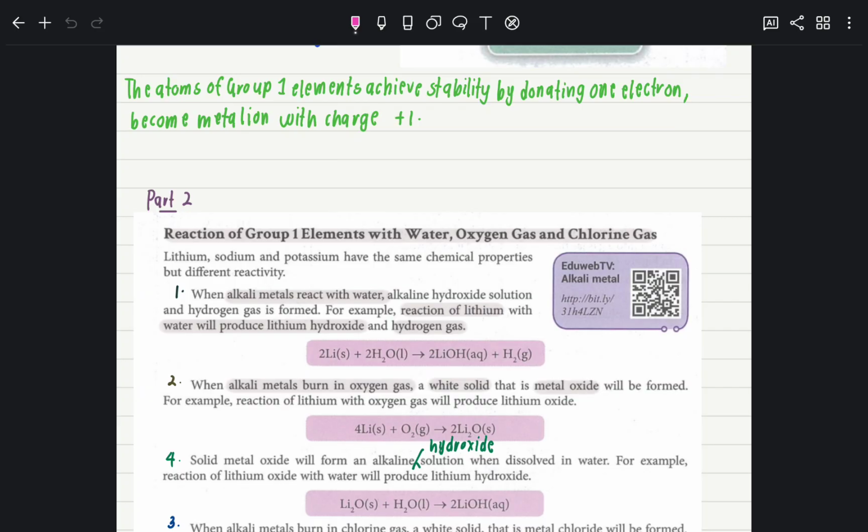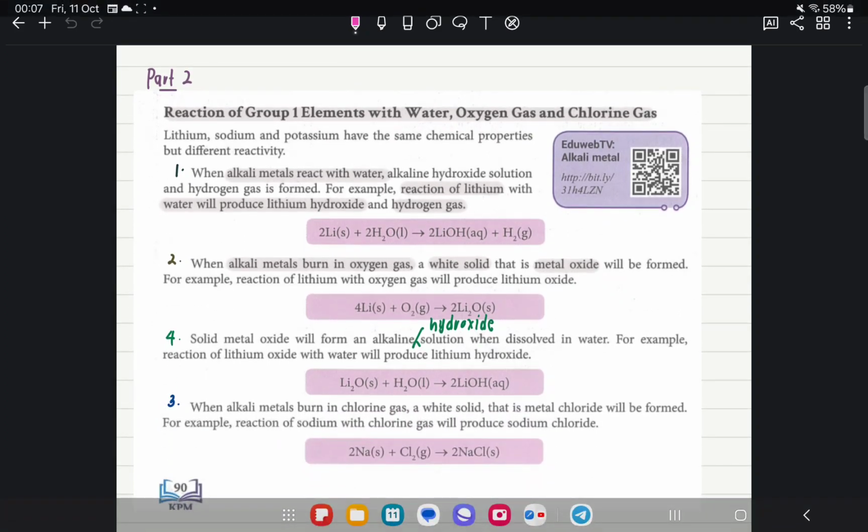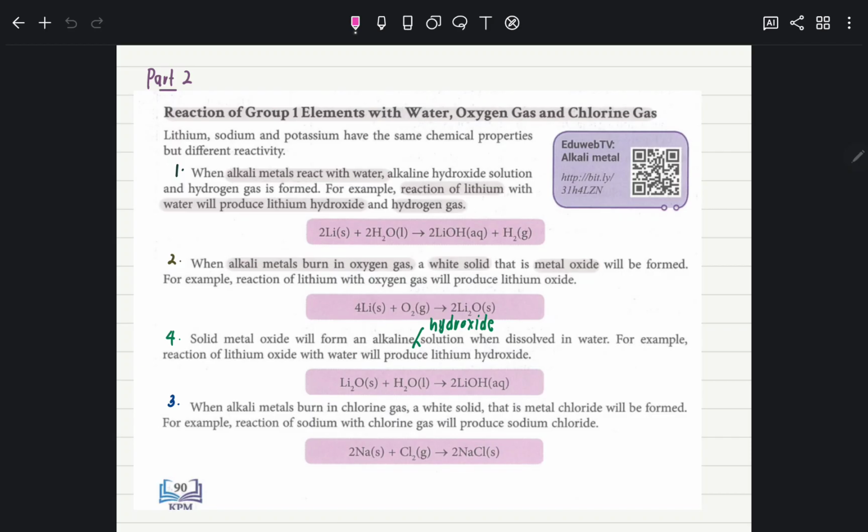If your teacher asks, then what will happen if your alkali metals react with oxygen gas, then it will form metal oxide. If your metal react with chlorine, it will form metal chloride. You should tell your teacher, you should explain. This part is very very crucial. This page is very very very crucial. Okay, so pastikan you ingat benda tu. Jangan kata you tak tahu or you tak ingat.